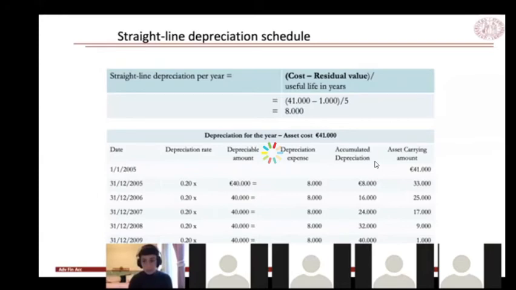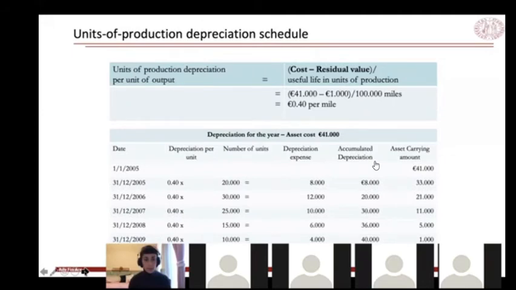So this is the idea of why we say that the depreciation system supports the matching principle.